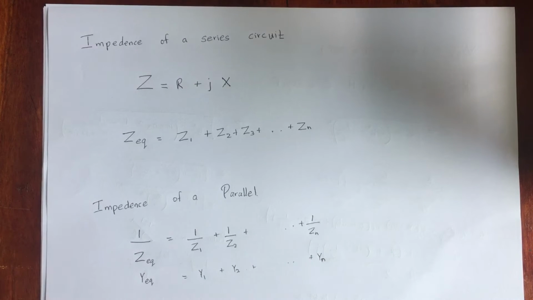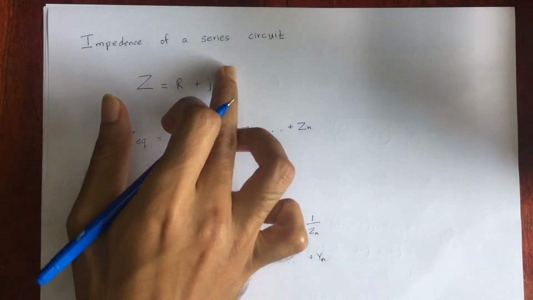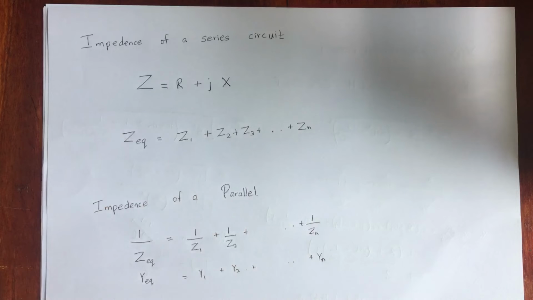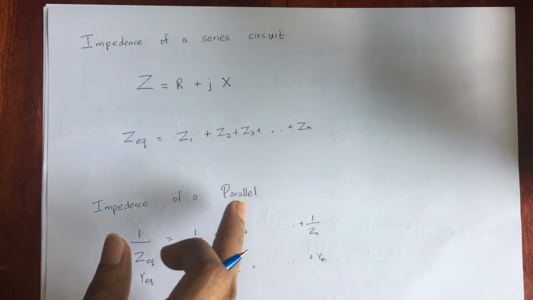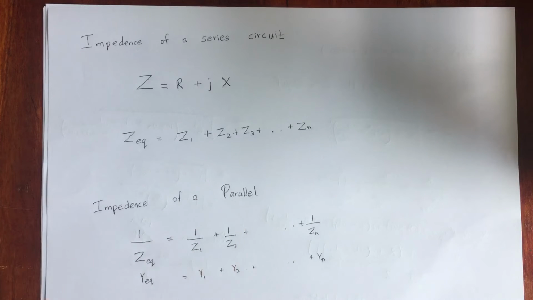Some might wonder how we get this type of equation for a series circuit, why we add these, and for the parallel circuit, why we add the admittance.